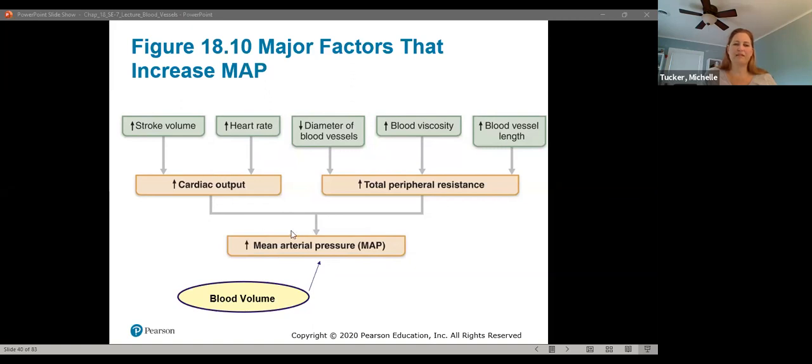So the focus of the section is cardiac output and total peripheral resistance. And if you increase stroke volume, increase heart rate, you'll increase mean arterial pressure. And then if you increase total peripheral resistance by vasoconstriction, blood viscosity, and or blood vessel length.